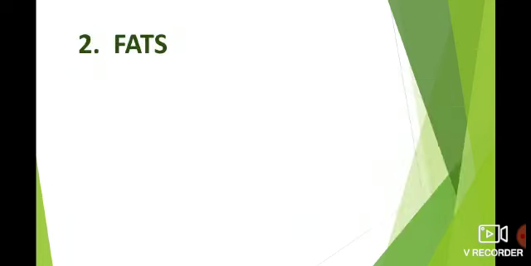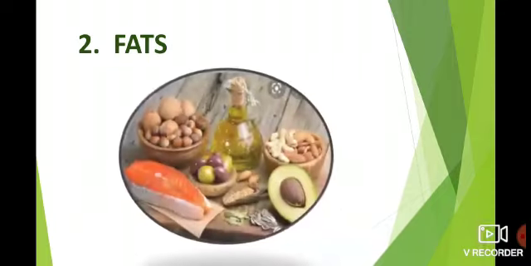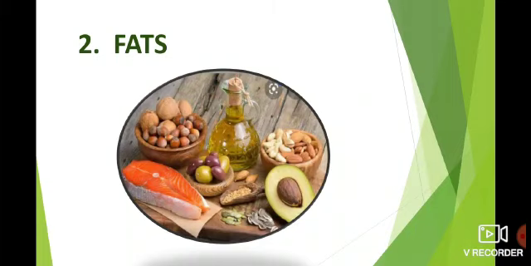Next we learn about the second component of food, fat. Fat is also an energy giving food, and it provides more energy than carbohydrates. So we get more energy from fat. Fat helps to protect the cells in our body, and fat is also a complex food substance.